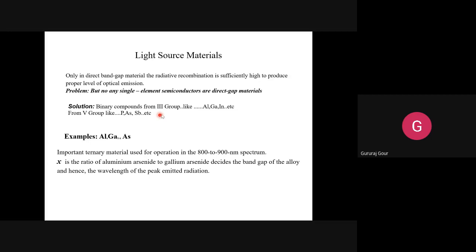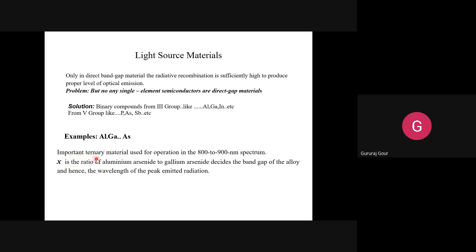So the problem is that no single element semiconductors are direct gap materials. We have to go for doping only. For example, we'll go for the combination. Important ternary materials used for operation are in the range from 800 to 900 nanometer technology.